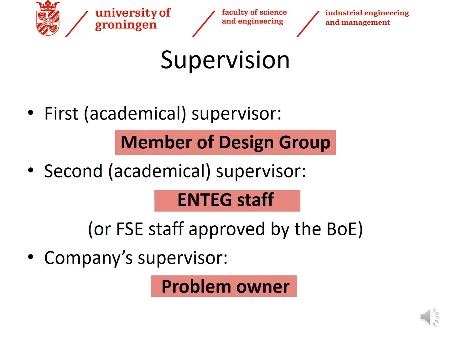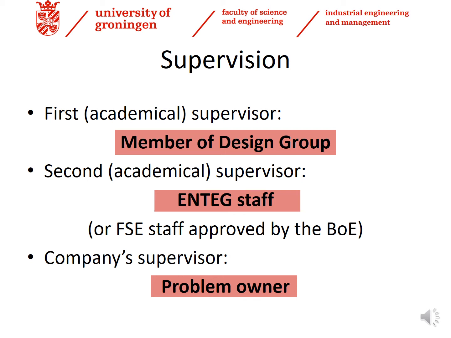For the master design project, the member of the design group is actually the first supervisor. The second supervisor is a member of the NTEG staff, or actually, I would say anyone from the Faculty of Science and Engineering with at least a doctorate degree, and connected to the field of design of your project.